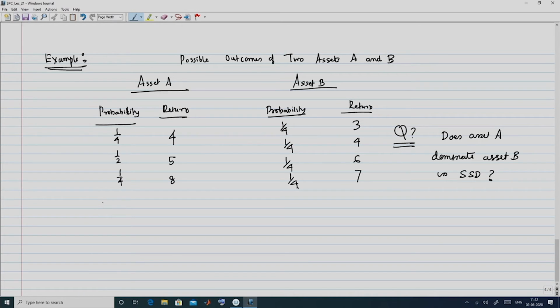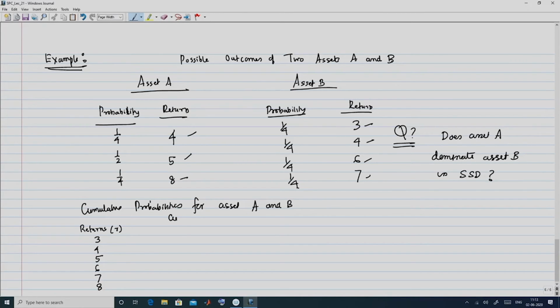For this, we need to look at the cumulative probabilities for assets A and B. Let me first enumerate the returns: 3, 4, 5, 6, 7 and 8.